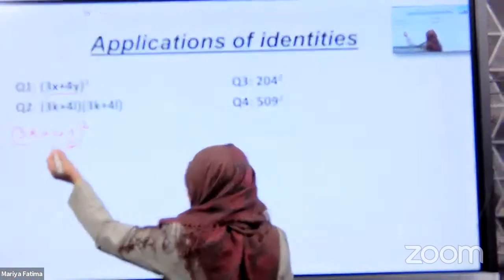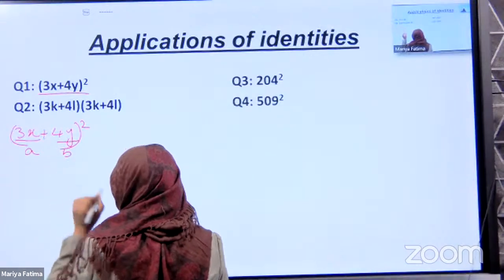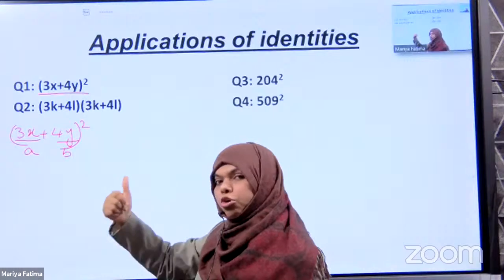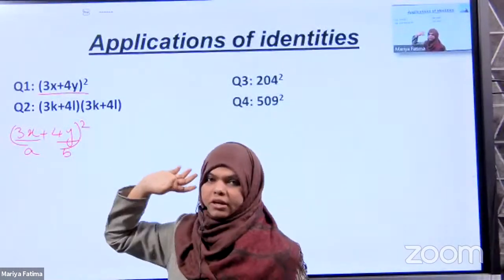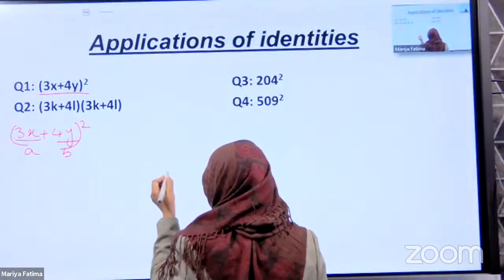So here this is your A and this is your B. A value is 3x and B value is 4y. You know this is in the pattern A plus B whole square. So what is the identity of A plus B whole square?